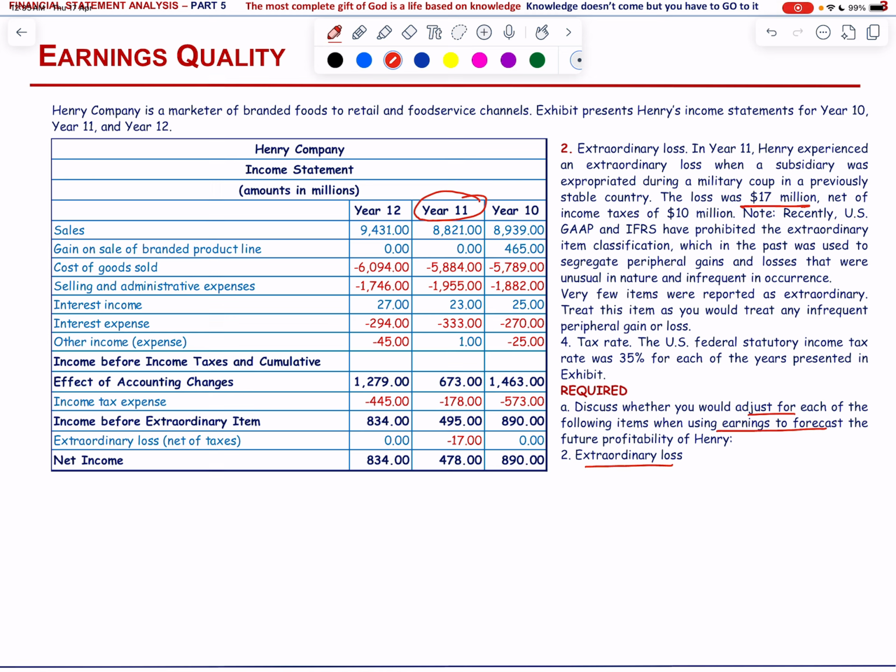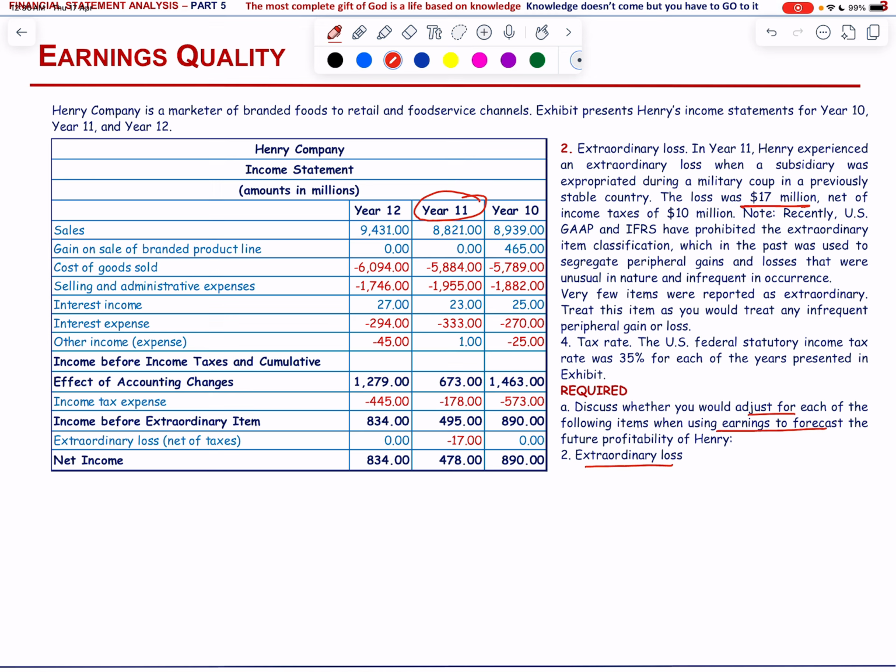So, even though it was labeled as extraordinary, under current accounting standards, that is US GAAP and IFRS, extraordinary item classification is no longer permitted. So instead, such losses are now reported as a part of income from continuing operations.